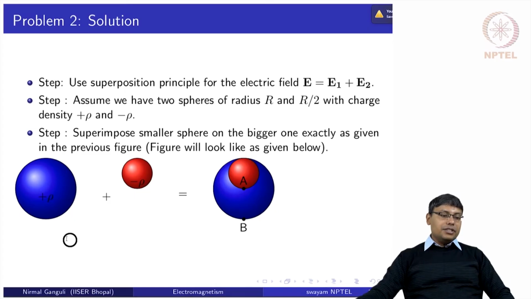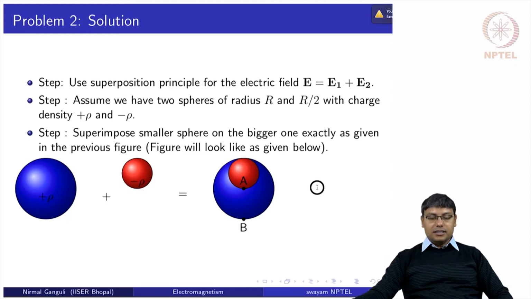So this kind of a situation, here is the bigger sphere with plus rho charge density, and here is a smaller sphere in red with minus rho charge density. Now if we superimpose them like shown here, the charge density in this smaller spherical region will become 0, plus rho and minus rho will cancel each other exactly.